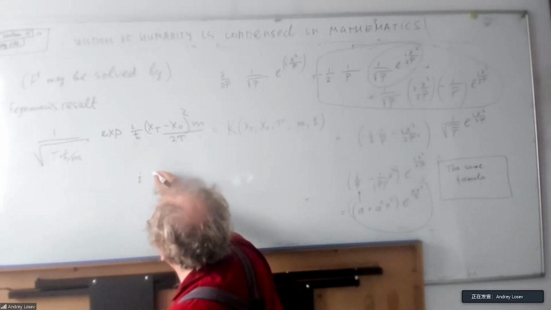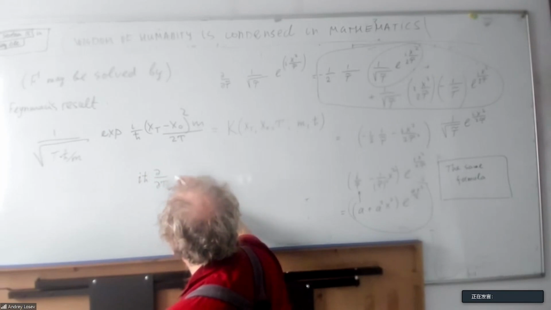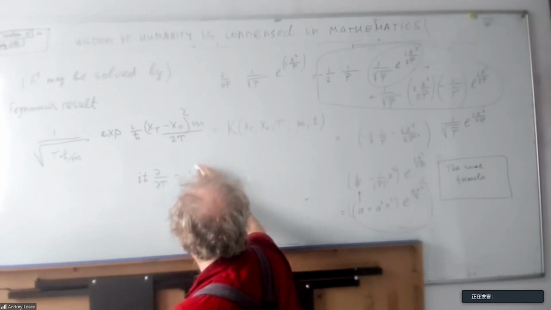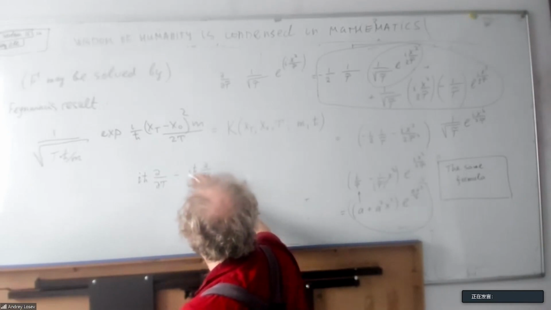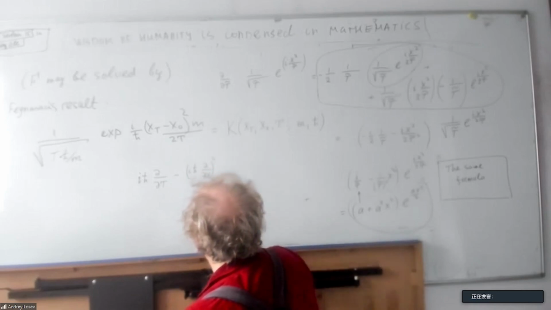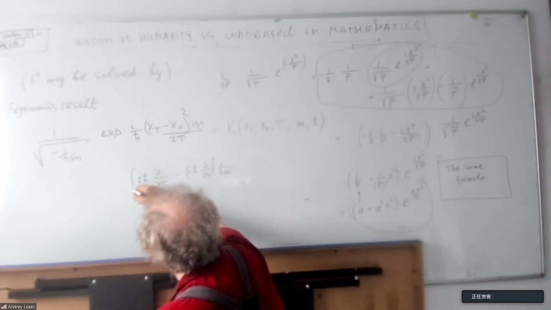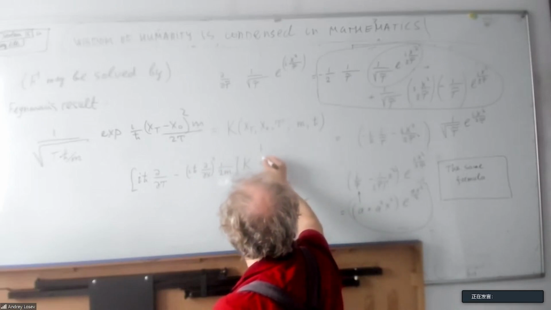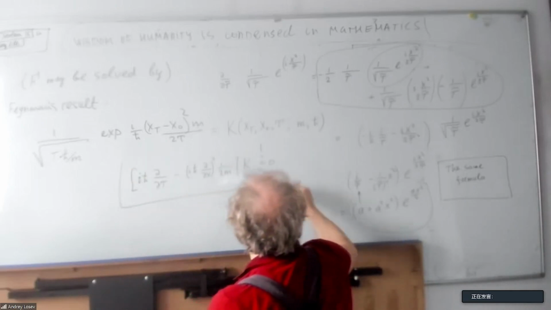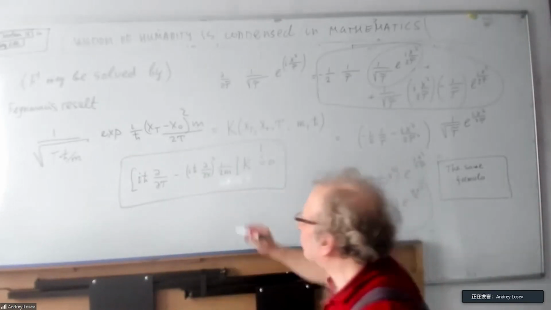So what I actually proved is, if I put everything correctly, this thing is known as the Schrödinger equation.